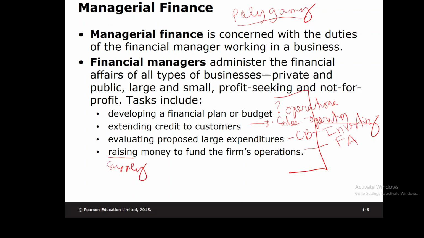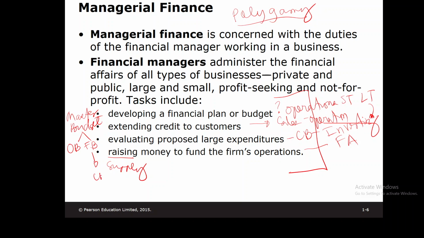The good thing with a financial plan is there is the operation short term and then the long term. Long term also involves investing, the capital budgeting. When you develop a financial plan, that is the master budget in accounting, which can be an operating budget and a financial budget.